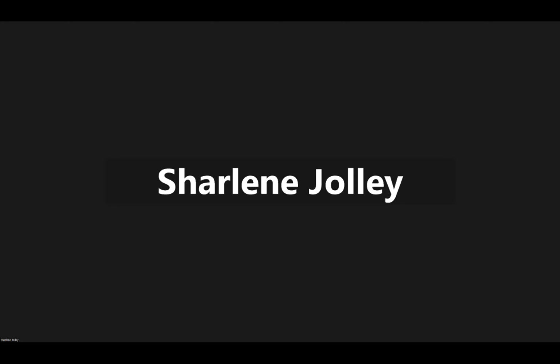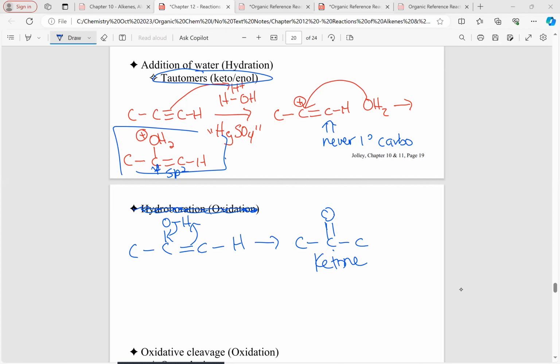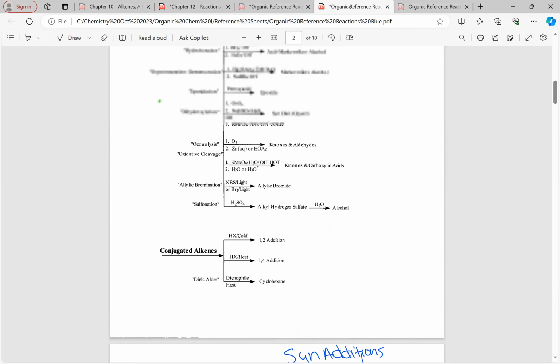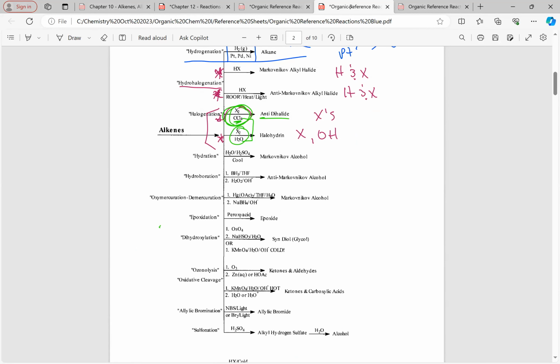All right, let me go to your reference sheets. And where are you, reference sheets? Oh, I was already there. Okay, let me go up to alkenes first. All right, we did hydration, we did hydroboration, and we did oxymercuration, demercuration.